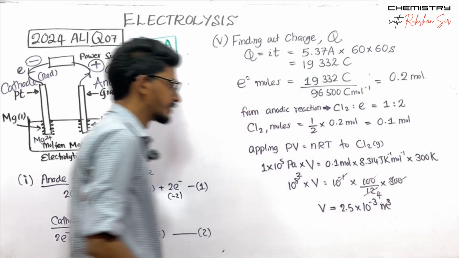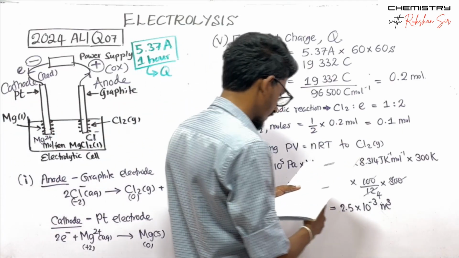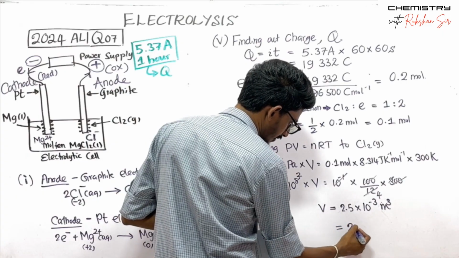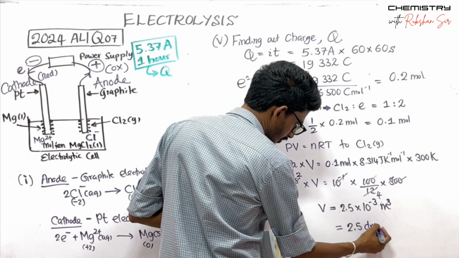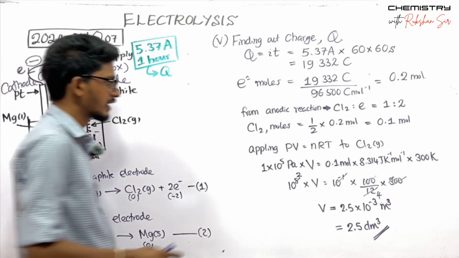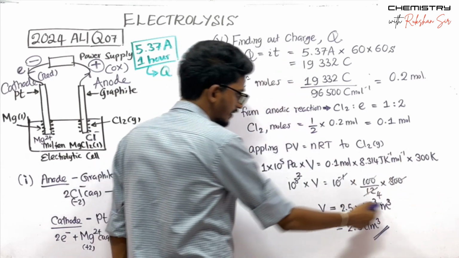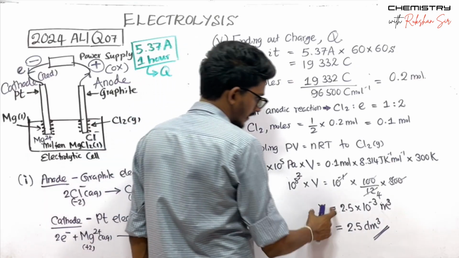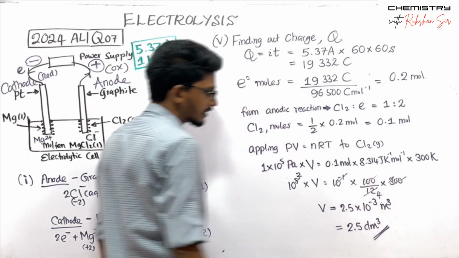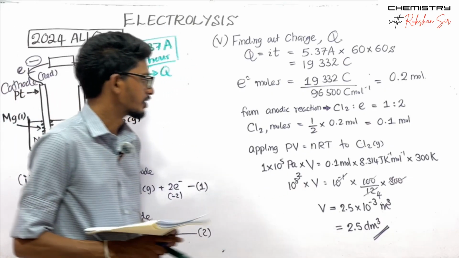The answer comes in meter cubes. They are asking us for the value in decimeter cubes. So it is equal to 2.5 decimeter cubes. When applying the ideal gas equation, as long as your substitution is done with SI units, the answer comes in SI units. So V is coming up in cubic meters, so that can be converted to decimeter cubes. That is how we are supposed to solve the question.